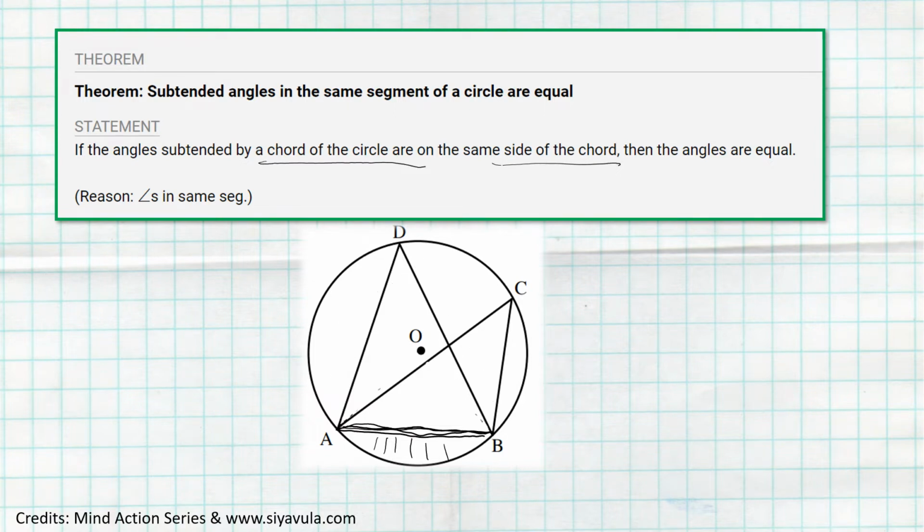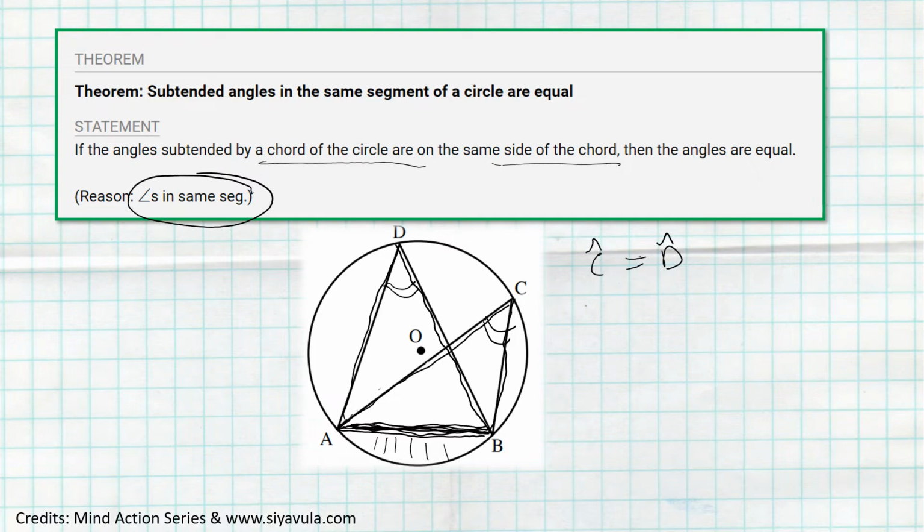We have angles subtended by this arc AB: in the circumference is this angle C, and the same chord is subtending another angle at the circumference in the same segment. So the theorem states that those angles will be equal, by the reason that they are angles in the same segment.